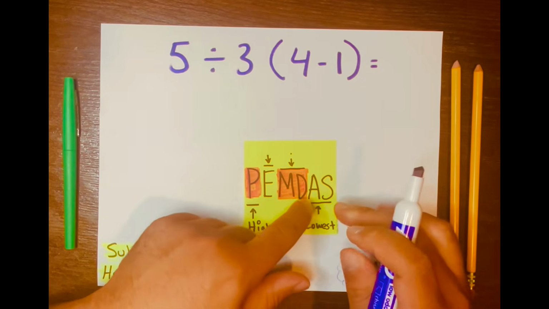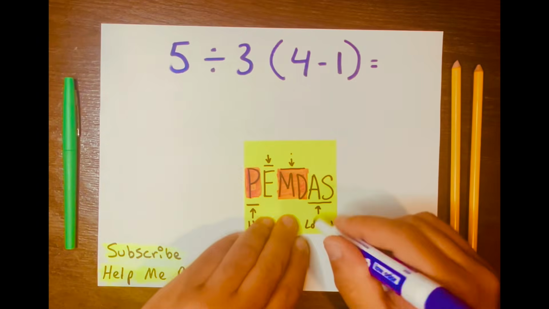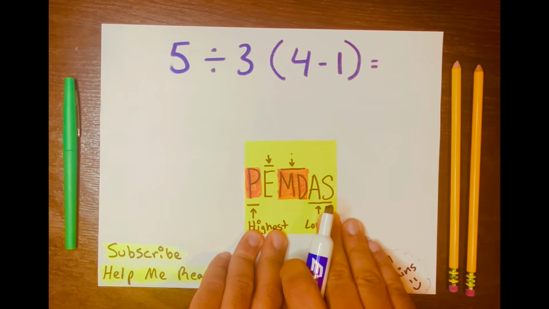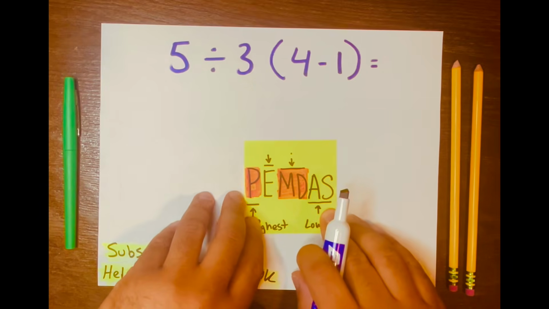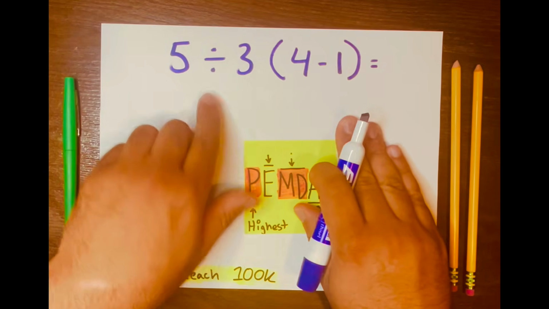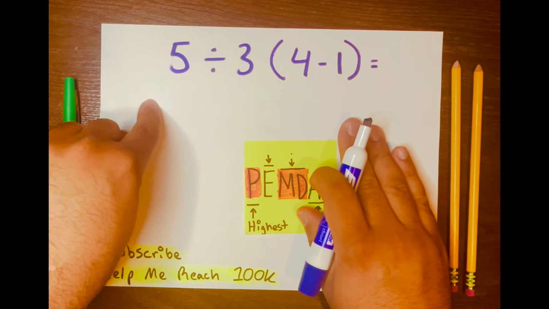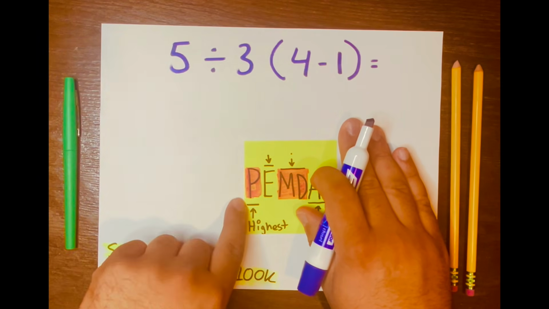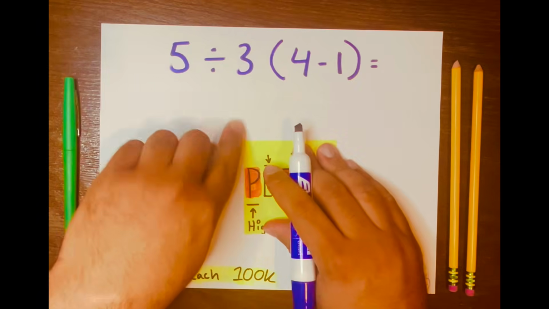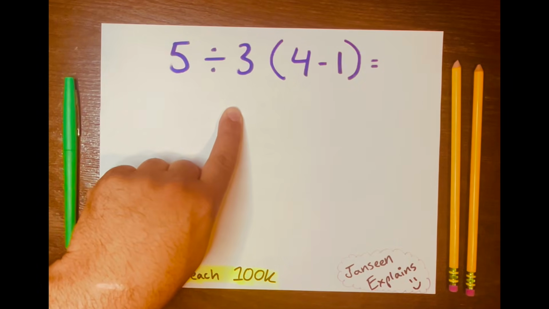Those two operations are both within the same level. So there are 4 different levels. And so reading the math problem with different operations, you read or solve from left to right according to its levels. So let's go ahead and tackle this math problem.